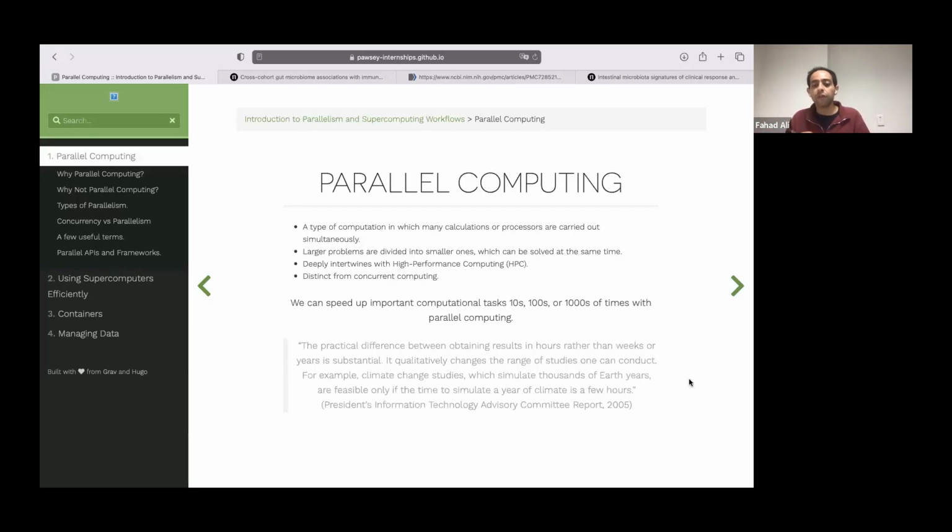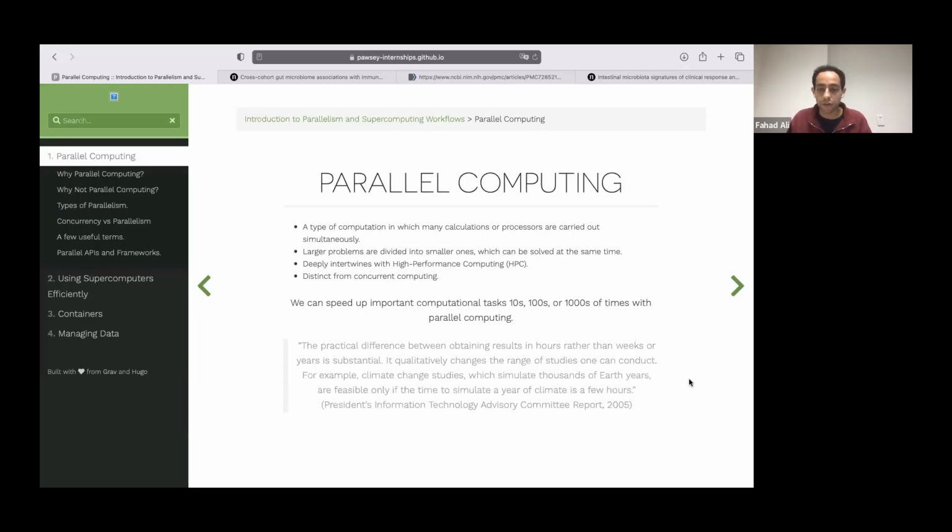Now, the importance of parallel computing is that there are some tasks that we will encounter in research that would simply not be possible without parallel computing, because it allows us to get incredible speed ups to some of the simulations or studies we might be running.